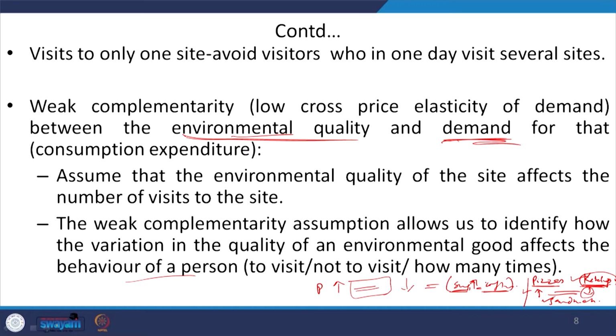Earlier the average visitation rate was 10 times a year, now it has decreased to only once. So, the weak complementarity assumption can identify how the variation in the quality of an environmental good can affect a person's behavior, whether to visit or not, and if they are visiting at all, whether they reduce or increase their visits.